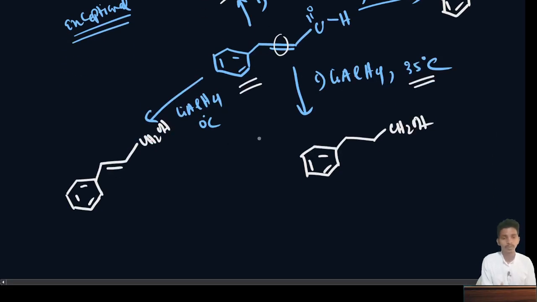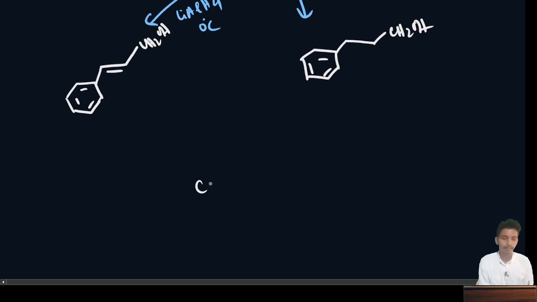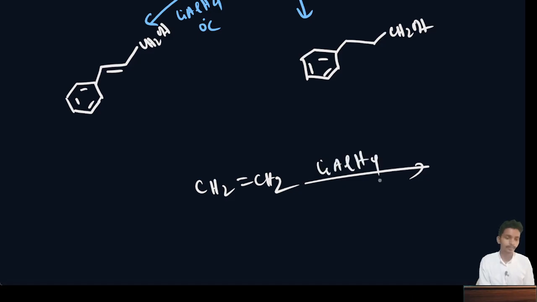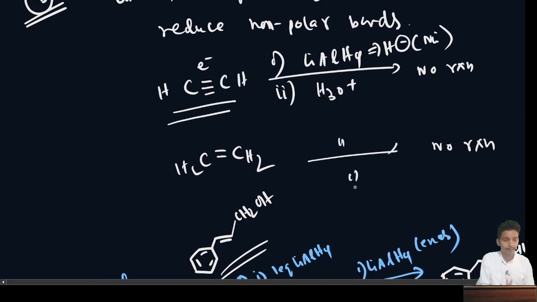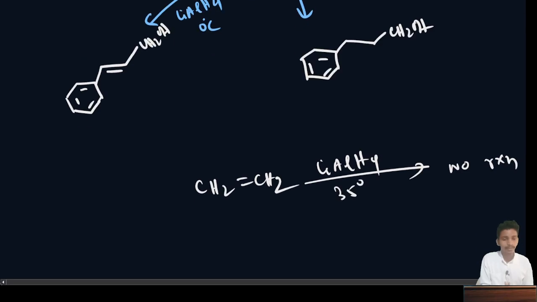If it is not conjugated, let's say a CH2 double bond CH2 here, and we give lithium aluminum hydride at 35 degrees centigrade, then also you will get no reaction. So if it is conjugated and the conditions are high temperature or any excess, in that case it gets reduced. This is one case.